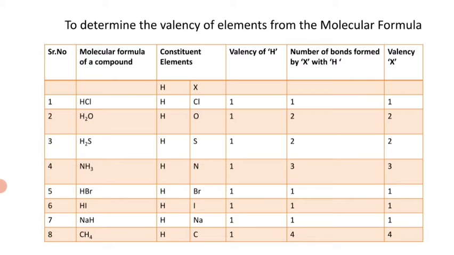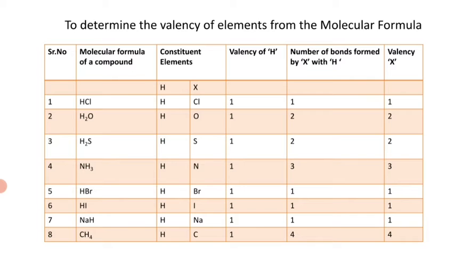In HBr, hydrogen has valency 1 and bromine has valency 1. In HI, that is hydrogen iodide, hydrogen has valency 1 and iodine has valency 1.